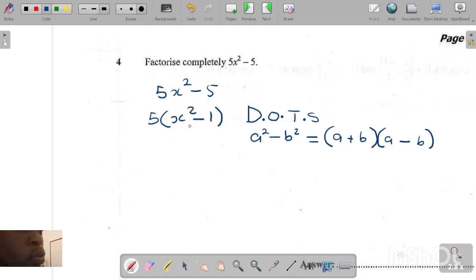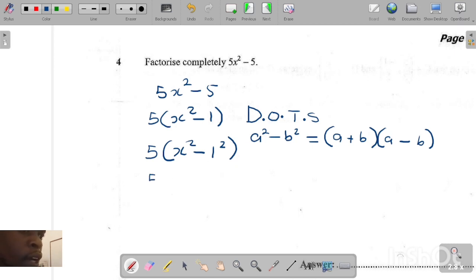So because we have this condition here, we are going to have 5. Let's write this in this form. So we have x squared minus 1. We have not changed anything because 1 squared is still 1, so it's still 1 there. So now in the brackets we have this condition.